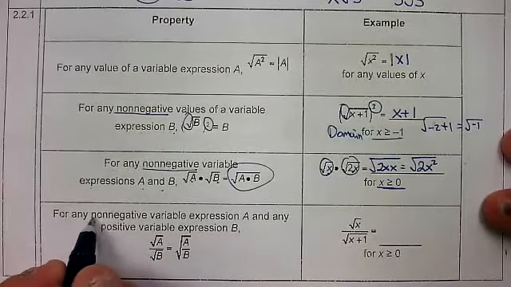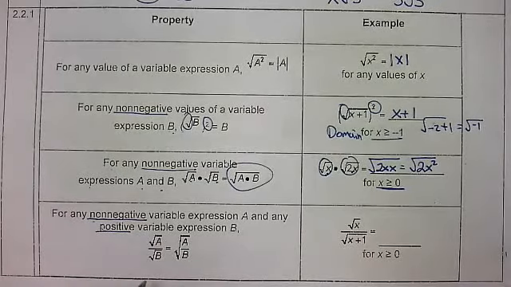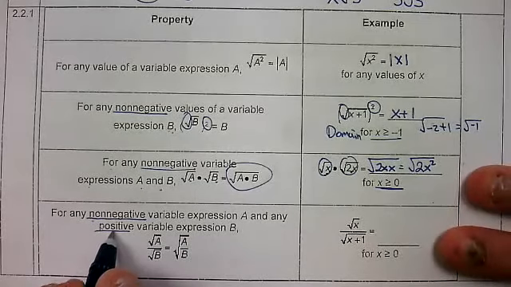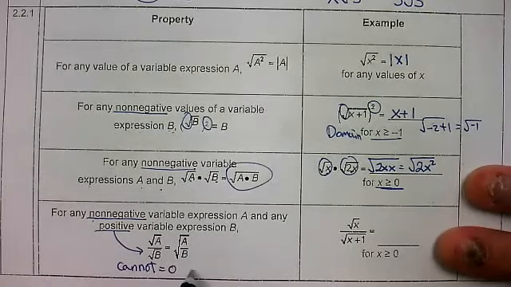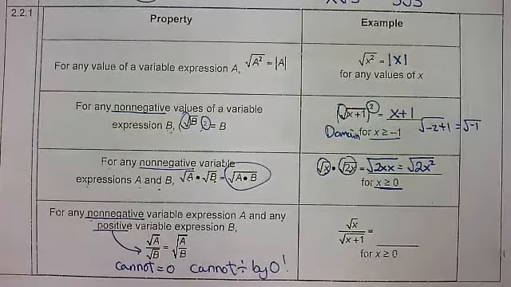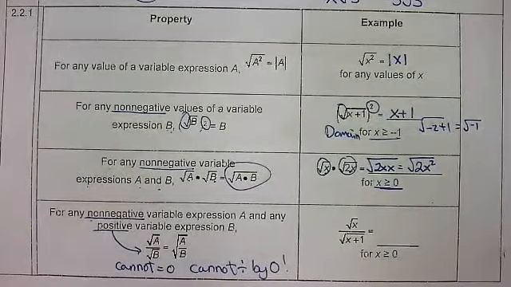The same thing here for any non-negative variable expression a and a positive variable expression b. Now notice that b has to be positive. It cannot equal 0 because we cannot divide by 0. So our denominator in this case has to be something greater than 0, even if it's a decimal, even 0.2 is fine.